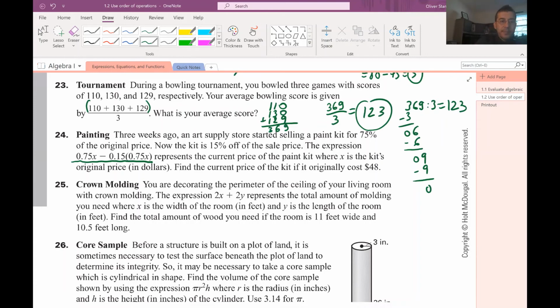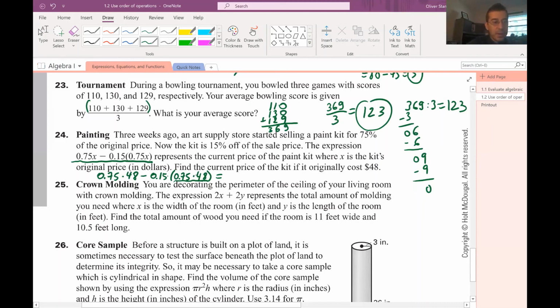So we have to do 0.75 times $48 minus 0.15 times, in parentheses, we have 0.75 times X, which is 48. So we do the grouping first, the parentheses, then we do a multiplication here, multiplication there.